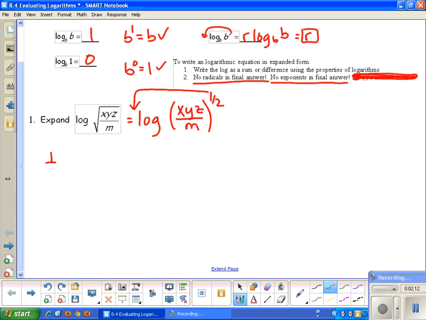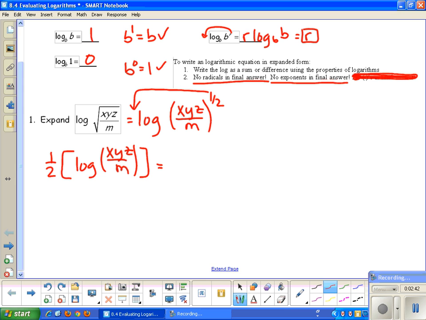If you bring it in front first using your power property, remember to put parentheses around everything that's going to be inside because everything inside is going to get that 1/2. So now we have 1/2 times the log of xyz over m. Now I can still go because anytime I have logs that are being multiplied, I can use my product property, which you add the logs together, or if I have something that's being divided, I can use my quotient property by subtracting the logs.